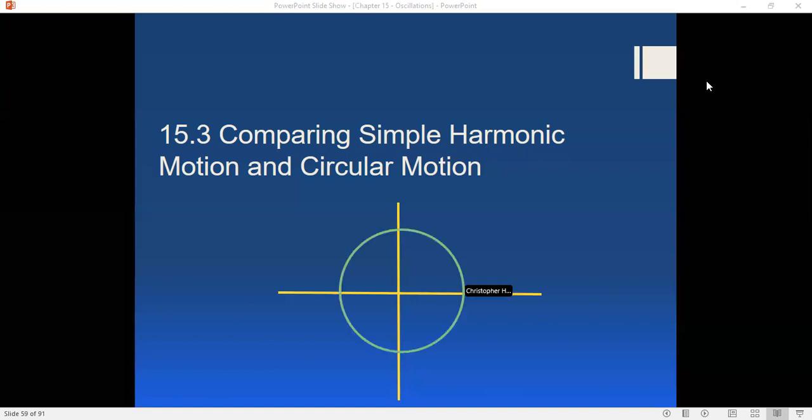That's as good as I'm going to get. Now, imagine I draw a little point right here. Call that point P, and that's moving on the circular path.